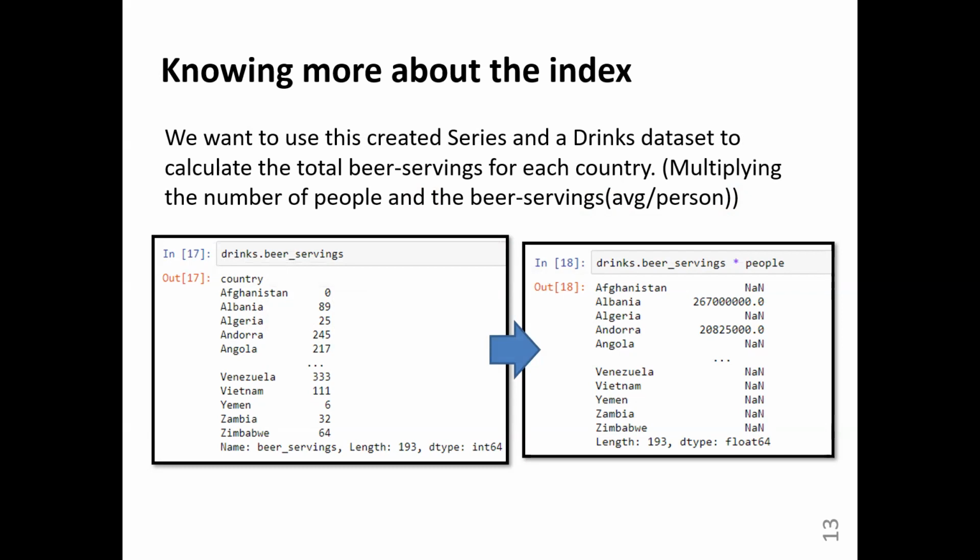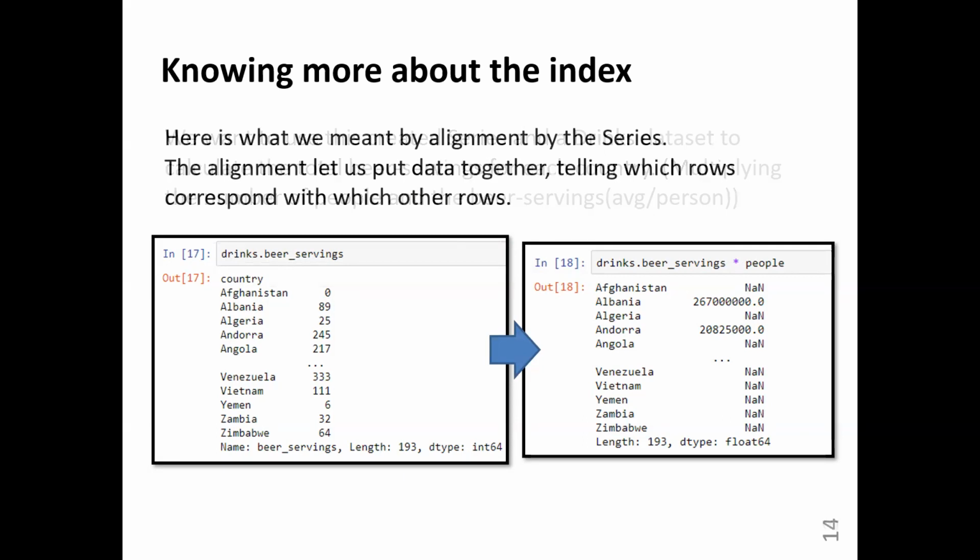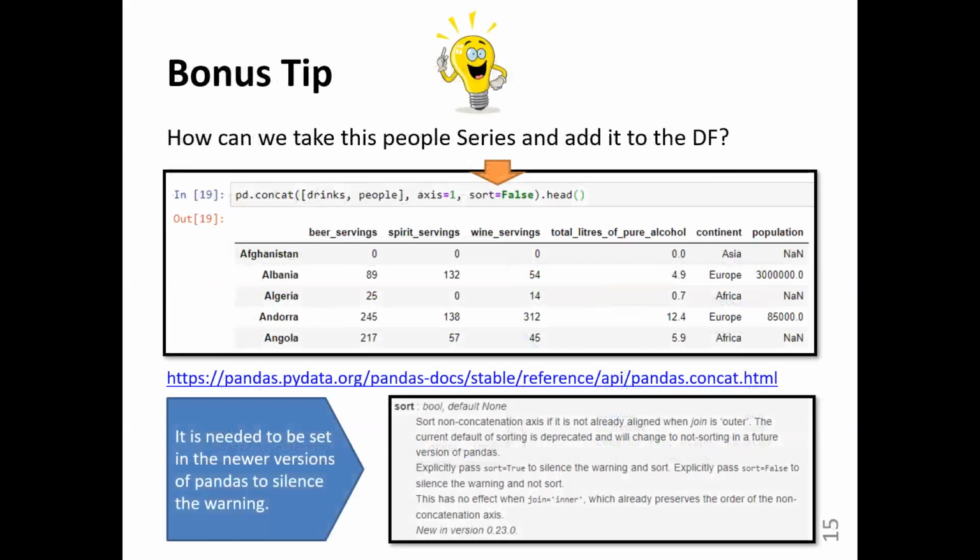I say drinks beer servings, multiply people. Isn't it beautiful? It just calculates everything by itself, without any need for us to say, go and find that index and go and find that index and just multiply. It does it automatically without any interference. We need no code for that. And it shows those results. Let's go to the next.